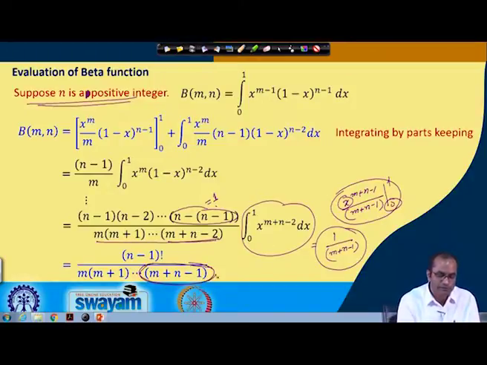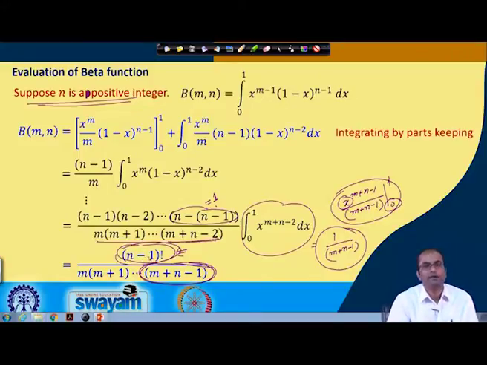So, m plus n minus 1, and the numerator, because this was the product from n minus 1 to 1, is the definition of the factorial we use. This is the notation now: factorial n minus 1 for this product n minus 1, n minus 2 up to 1.